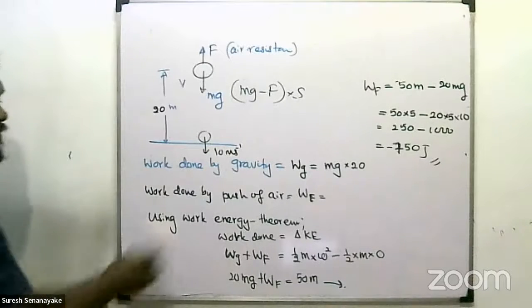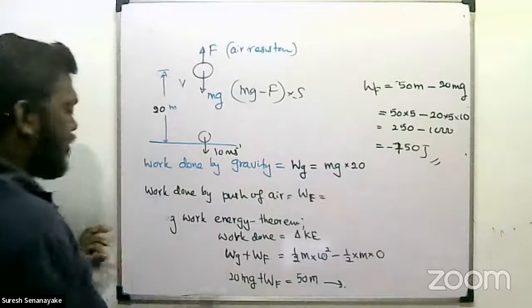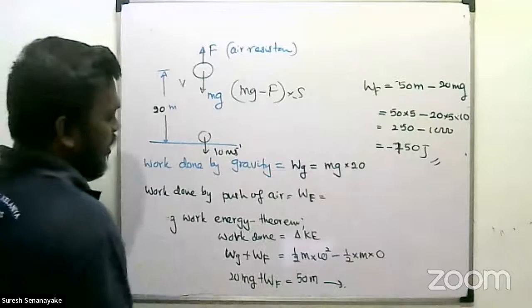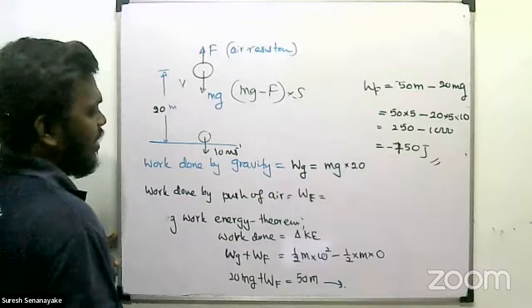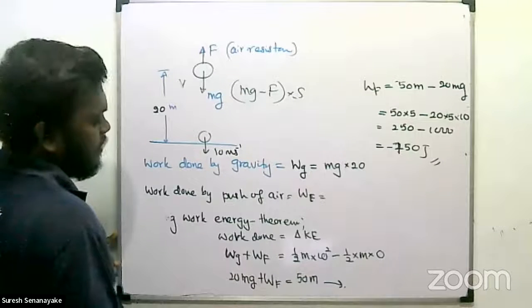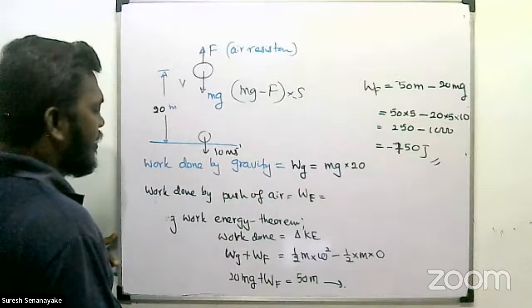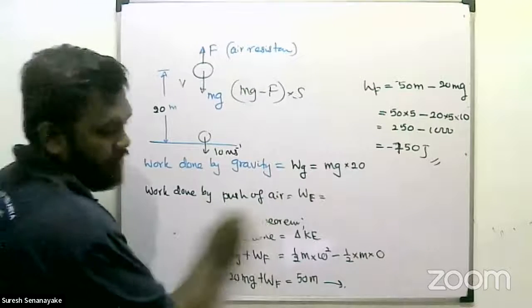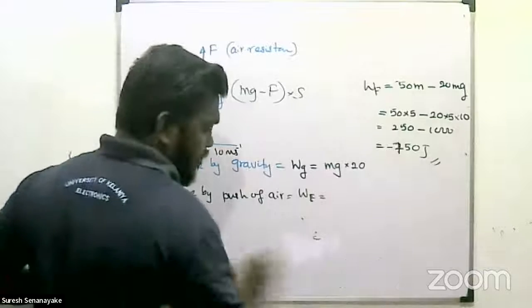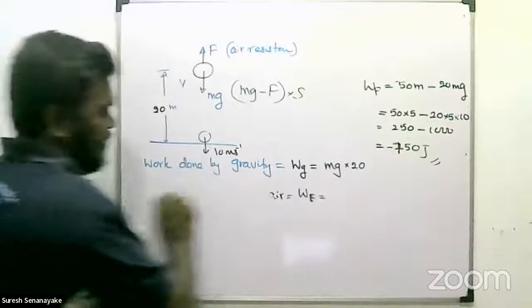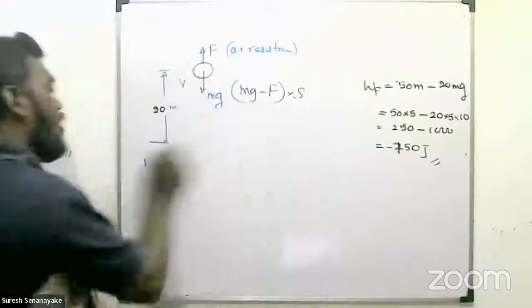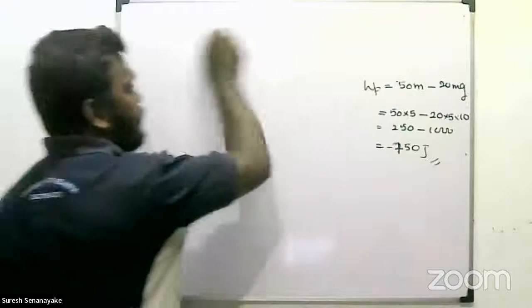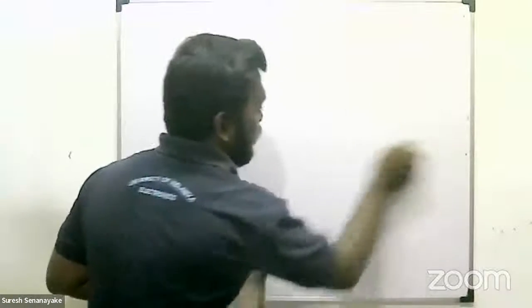Alright, we go through another question. It's important about this work energy theorem, right? Using other means, like energy conservation, you cannot calculate this. You need to use this work energy theorem. If not, you need to find the air resistive force first.